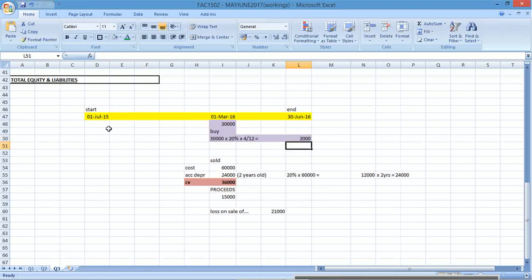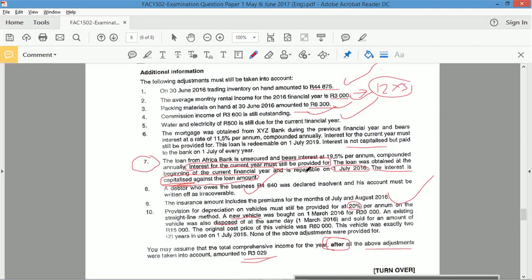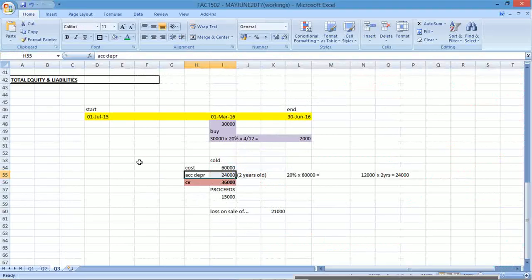Okay, did I hold equipment for the full year? Well, this equipment I used for part of the year. They said here it was 1st July. The vehicle was exactly 2 years in use on the 1st of July. Oh, okay. 1st of July was here.